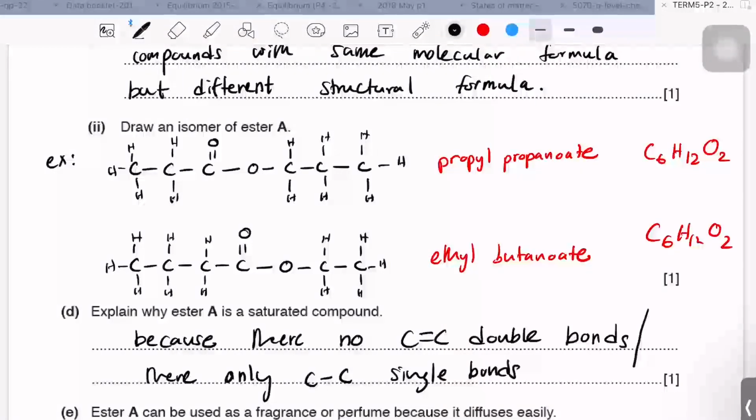So your answer is correct if you have written there are no carbon-carbon double bonds. Right, because there are no carbon-carbon double bonds, or there are only carbon-carbon single bonds.